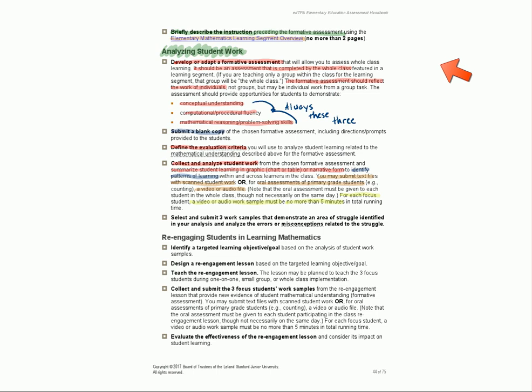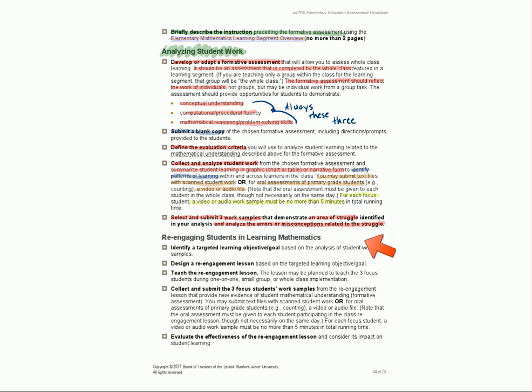The next piece is that you want to select and submit 3 work samples that demonstrate an area of struggle, as we just talked about Connor, Mona, and Penny. So that area of struggle came from your analysis, and you want to analyze errors and misconceptions related to that struggle. And you'll be writing this up in the commentary, and I'll get into more detail in that in a little bit.